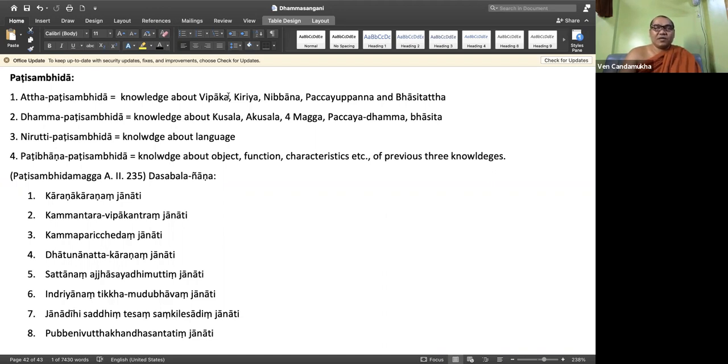Some people translate the word satta as creature. In my understanding, creature is not okay, because creature means something that has been created. From the Buddhist perspective, beings are not created by a creator, there is no creator at all.